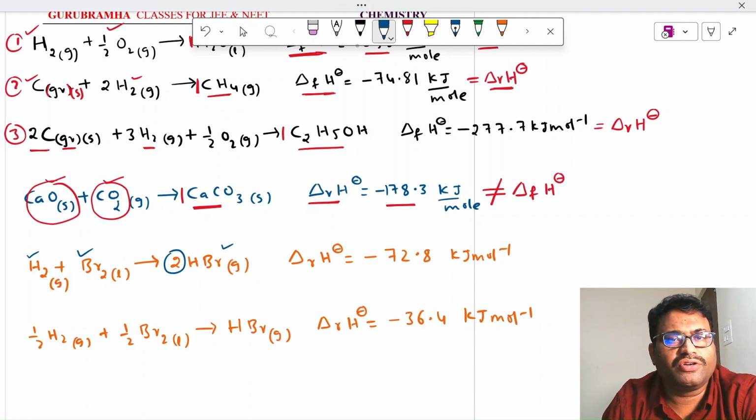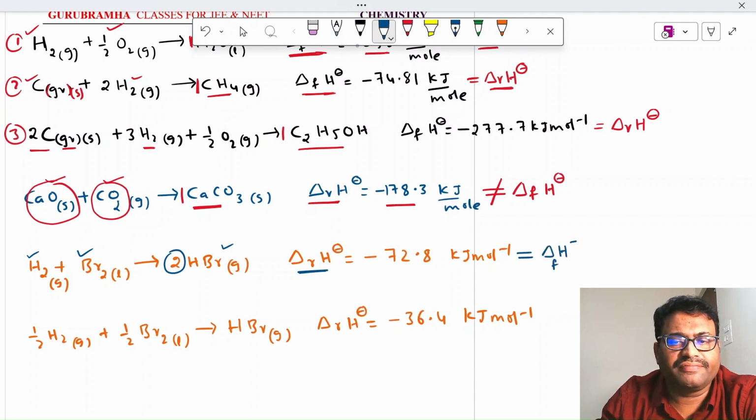So we cannot call this standard enthalpy of reaction the standard enthalpy of formation, because 2 moles are formed.